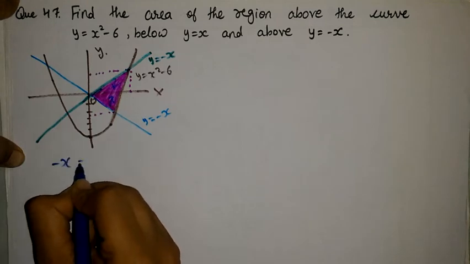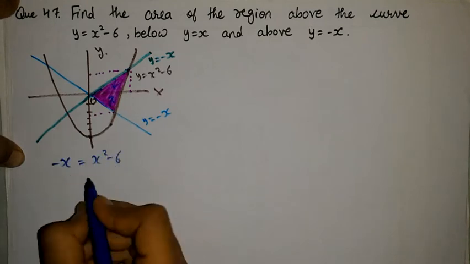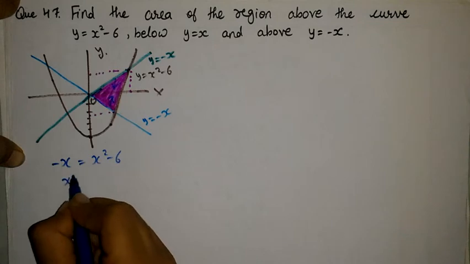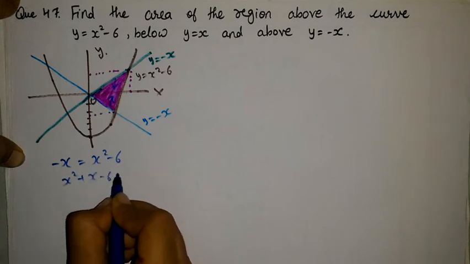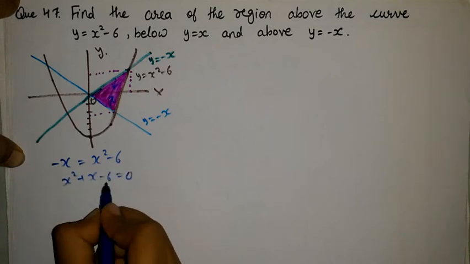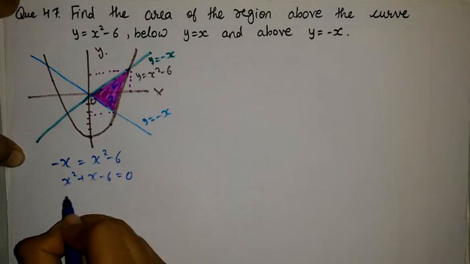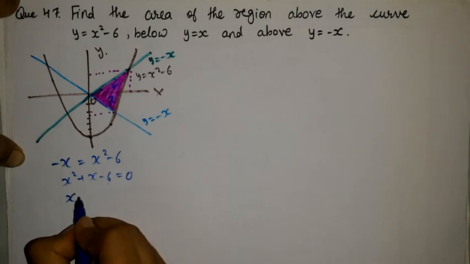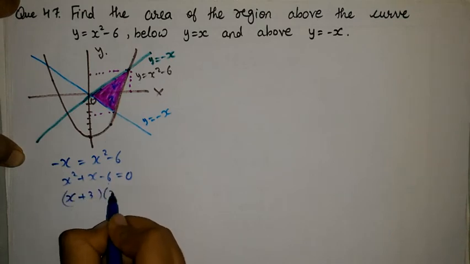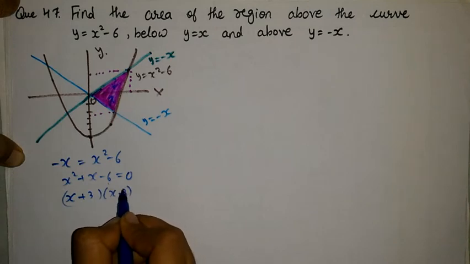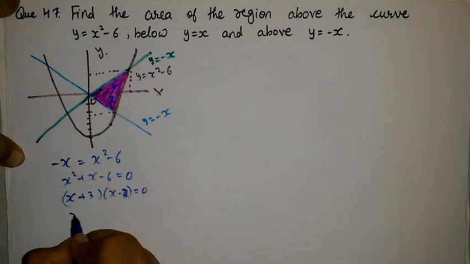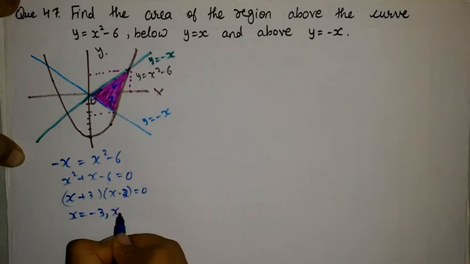So minus x is equal to x square minus 6x. So bringing x this side, we get x square plus x minus 6 is equal to 0. So its two factors are x plus 3 into x minus 2 is equal to 0. So we get x is equal to minus 3, x is equal to 2.